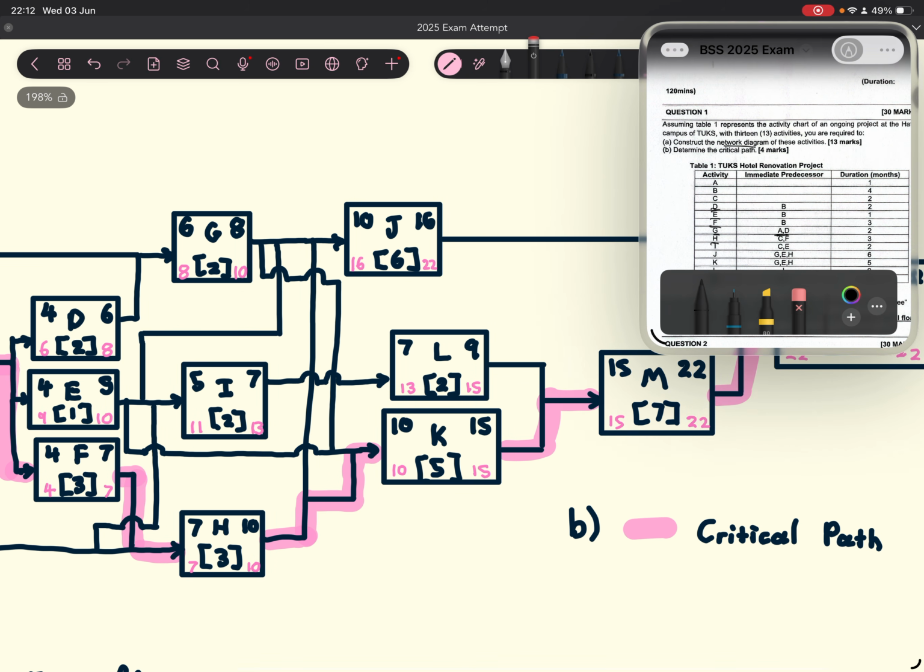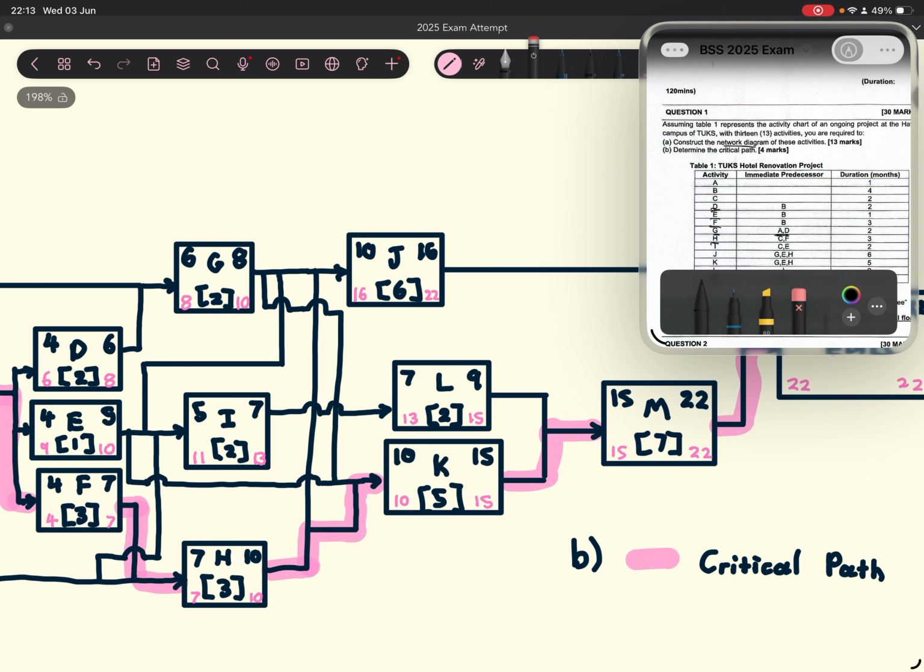Then over here, we have it branching out, so we're going to follow that one. It goes to activity H, and then it also goes to activity E, and then it also goes to activity G, right? So this 10 will go there, this 10 will go there, and this 10 will go there.